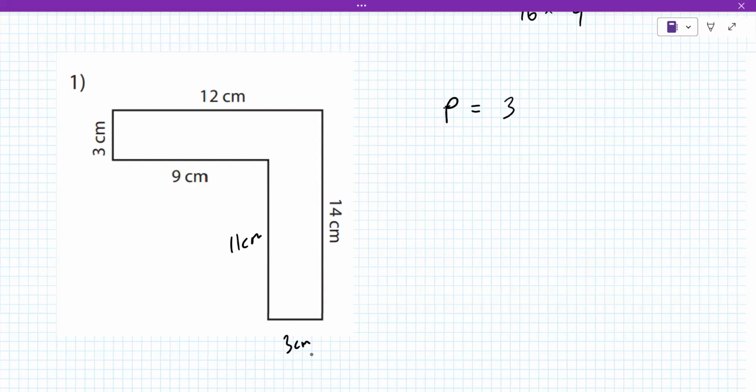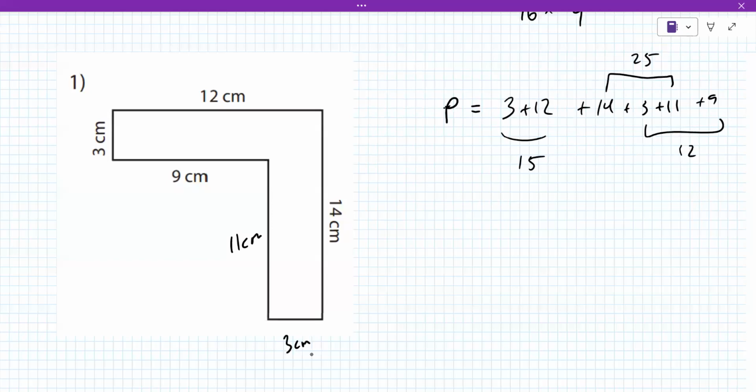I got 3 plus 12, so that's 15. Plus 14 plus 3 plus 11. So the 14 and the 11 make 25. And then the 3 plus 9 makes the 12. I agree. It's 52 centimeters.